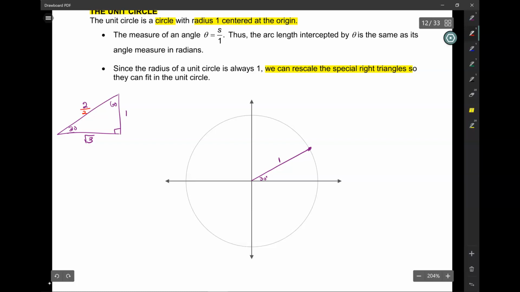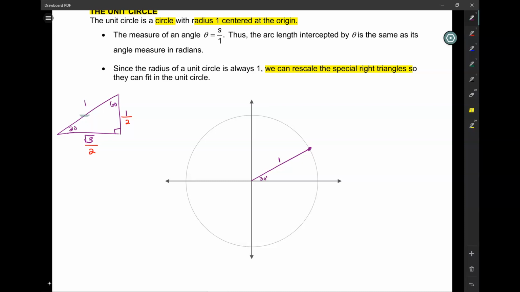But I have to proportionally do the same thing to all of them: divide by 2, divide by 2, divide by 2. So now what I get is a new triangle, the sides of which are 1, 1/2, root 3 over 2. Now, here's the big deal.